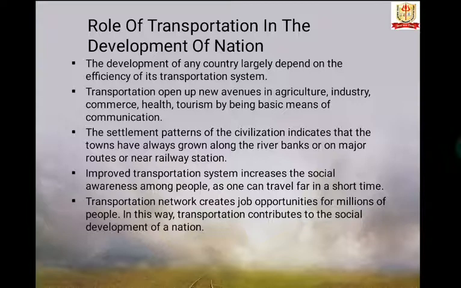Transportation opens up new avenues of job facilities in agriculture, industry, commerce, health and tourism by being a basic means of communication.